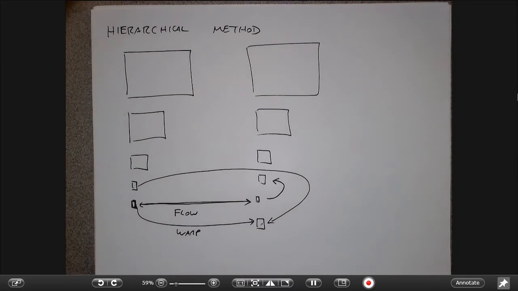So I keep on doing this step of estimating flow, warping one image to another, and then estimating flow at the next higher level. So at every step, I'm always estimating flow vectors that are on the order of a pixel, but those composite warps are going to add up to flow vectors that could be, theoretically, much larger than a pixel, right? So basically, that's the general idea. The algorithm that I put here in the book gives you the more specific details.